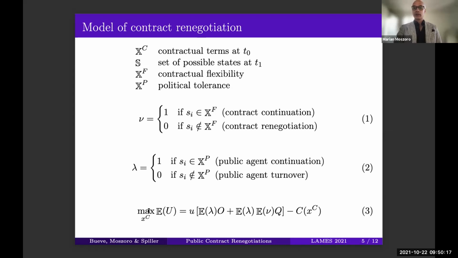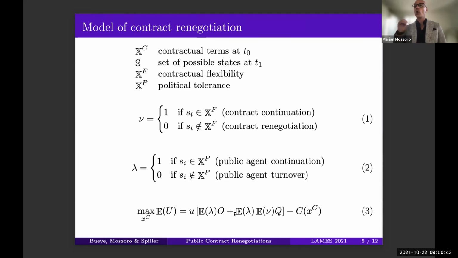The public agent's utility function, and this is the important part, is a function of staying in office, of the probability of continuation, and also the perks of the contract. But if she is not in office, this function will be zero, because the perks of being in office and the probability of being in office times the probability of contract continuation will also be zero.